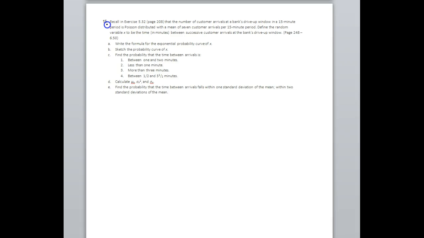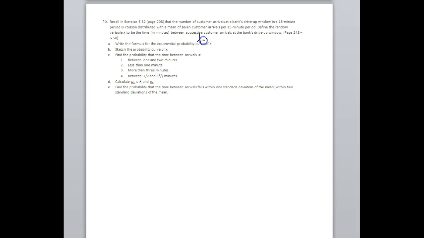Okay, so we're defining this on a per minute basis. So our lambda is not going to be 7. 7 customer arrivals we know is per 15-minute period, so our lambda is actually going to be 7 divided by 15.